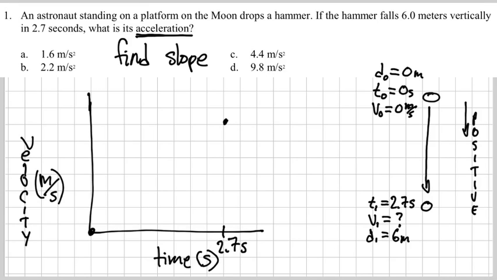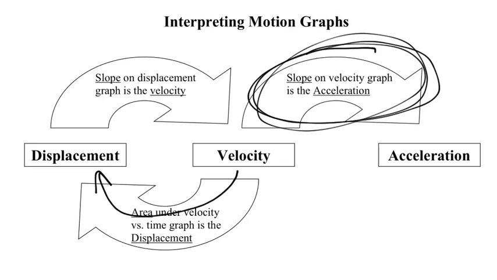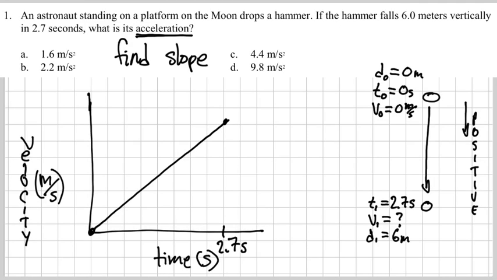We don't know exactly what that velocity is, but we also know that this will accelerate at a constant rate. And accelerating at a constant rate means that our slope on the velocity versus time graph must be constant. That's because the slope is the acceleration, and if acceleration is constant, that means the slope cannot change. We're going to say that this is velocity 1, which we have no idea what that is yet.